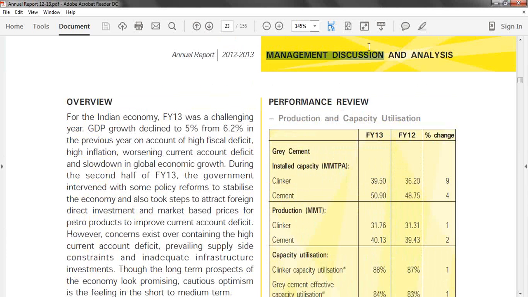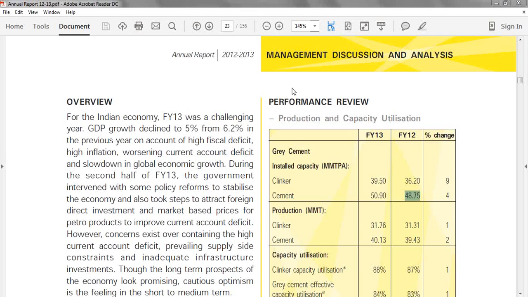Here, management discussion and analysis. It says installed capacity for cement is about 48 million tons in 2012, right? If you look at the management discussion and analysis, it says installed capacity for cement is 48.75 million tons that we see in terms of the number there.